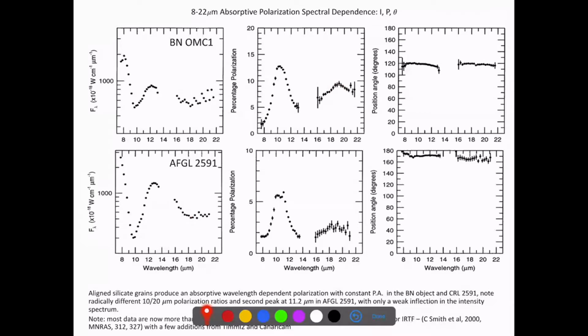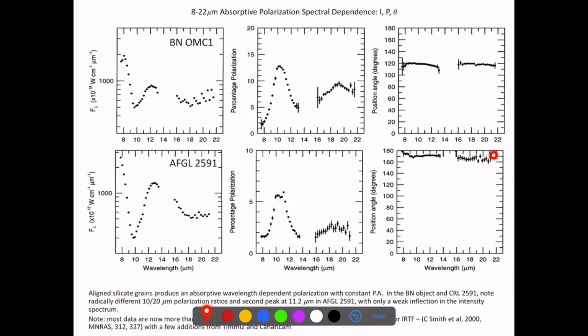But notice that in AFGL 2591, there's a small inflection at 11.2 microns, which has a corresponding quite pronounced polarization peak. Also, the position angles in both of these objects are constant, and that tells us that we have a single mechanism operating. In this case, it's polarization through dichroic absorption.